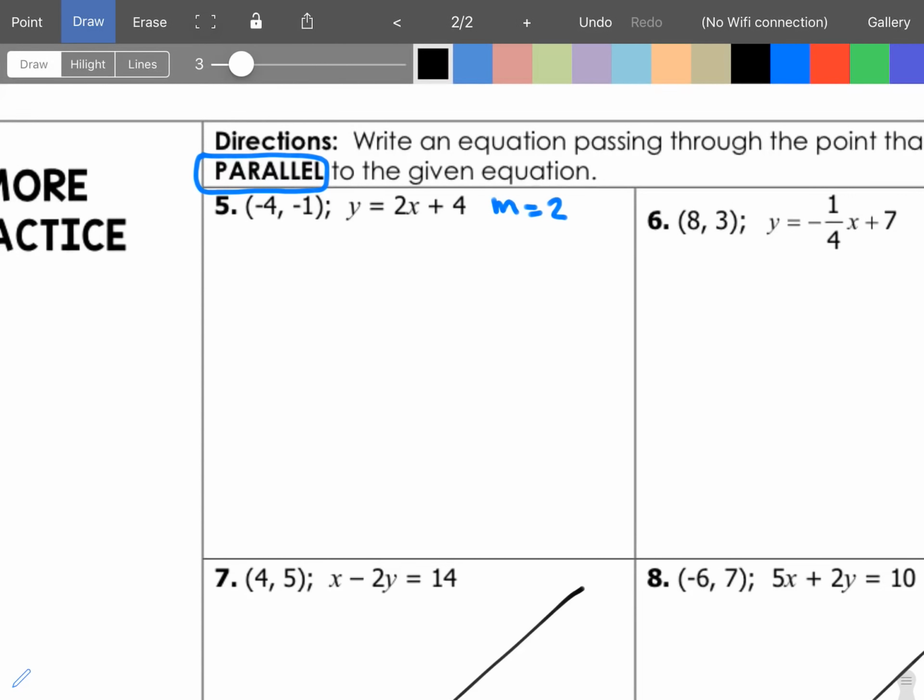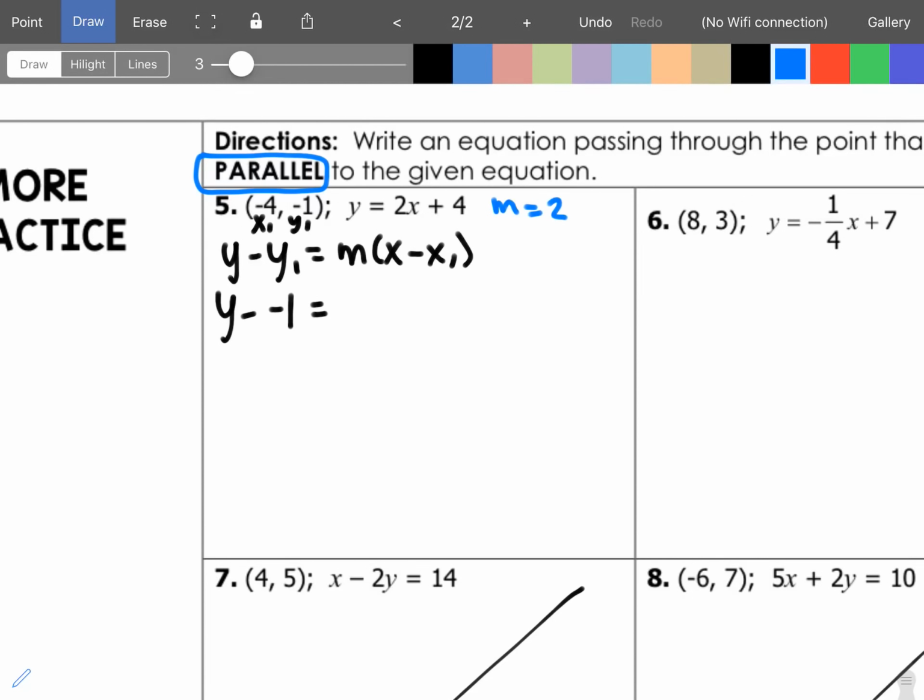And then I plug it into my equation. This is x1, this is y1. So y minus negative 1 equals, my slope is 2 times x minus, my x1 is 4, negative 4. This is a positive, this is a positive, okay?